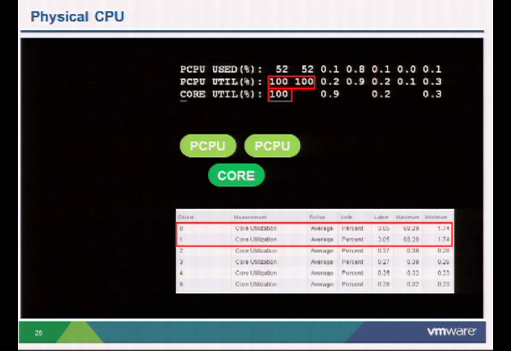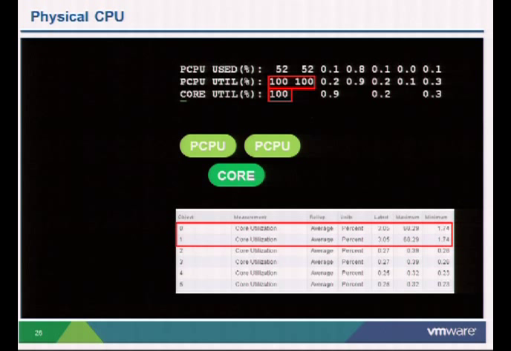Now, if you go to vCenter, the core utilization counter is reported, but it's reported for every physical CPU. But you only have 1 core for every 2 physical CPUs when you have hyperthreading enabled. Because of that, you will see the same values repeated for core 0 and 1, because it's reporting this for the pCPUs but not for the cores.